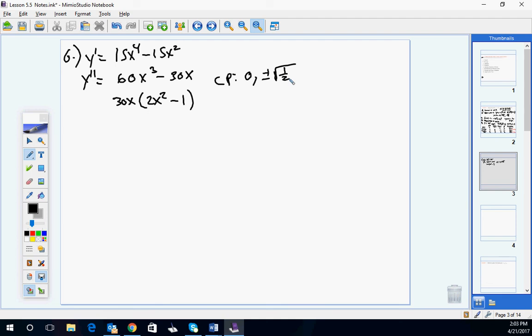If the chart is overdoing it for you, you don't have to do a chart. If you're okay just testing in there and seeing what's happening, that's totally fine. It's more of an organizational tool. So I'm just going to stick with it for now, but you don't have to do that every time.